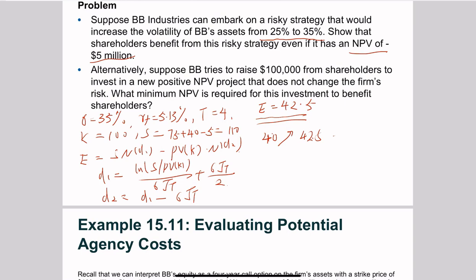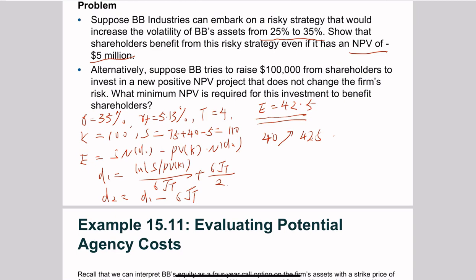And in this specific case, the effect of volatility outweighs the effect of the negative NPV. So in the end, the value of equity actually increases. So you can see that this is actually a very neat way to calculate how asset substitution will affect equity holders and how asset substitution will affect the investment of the firm.